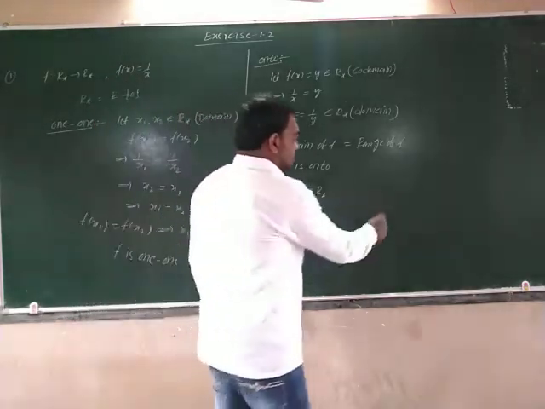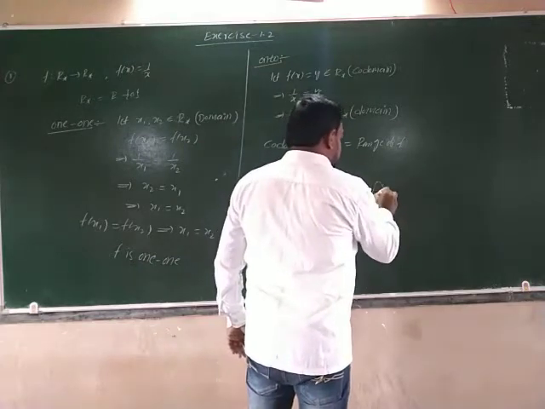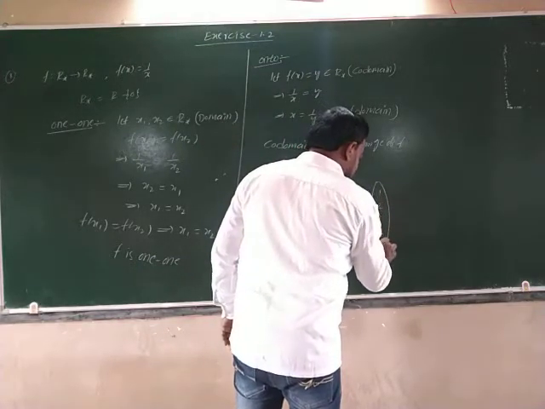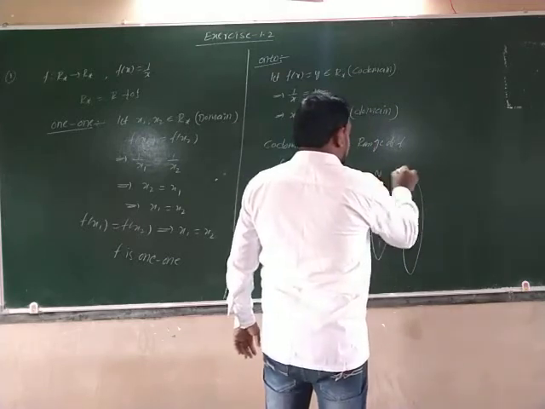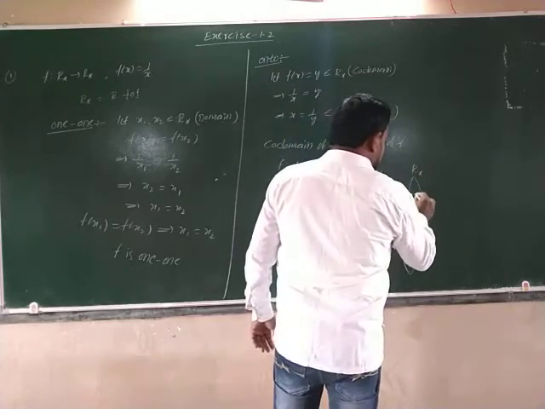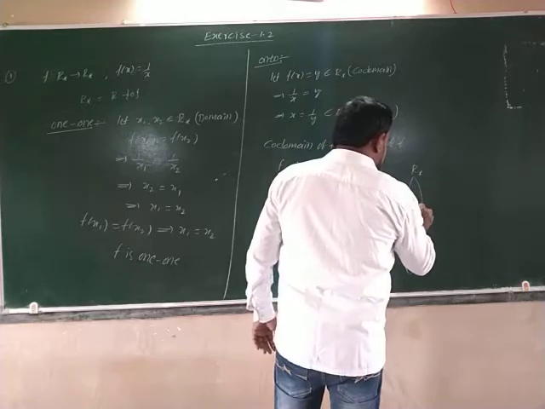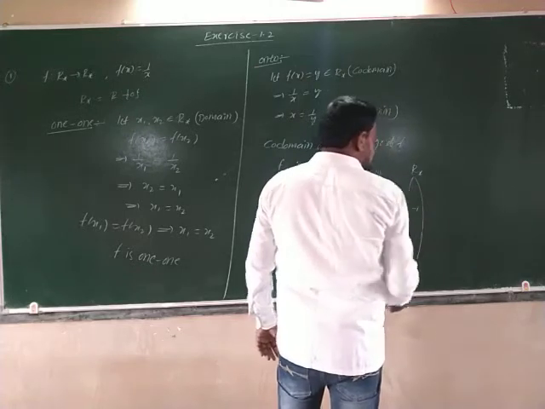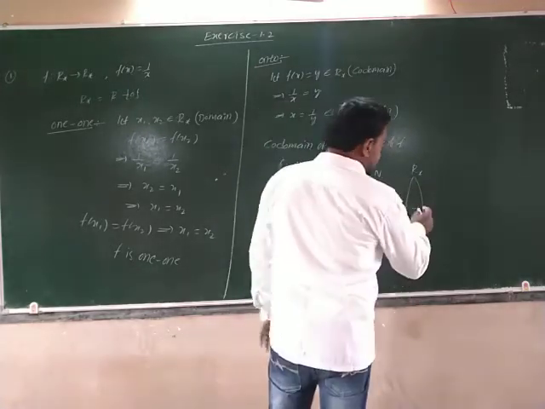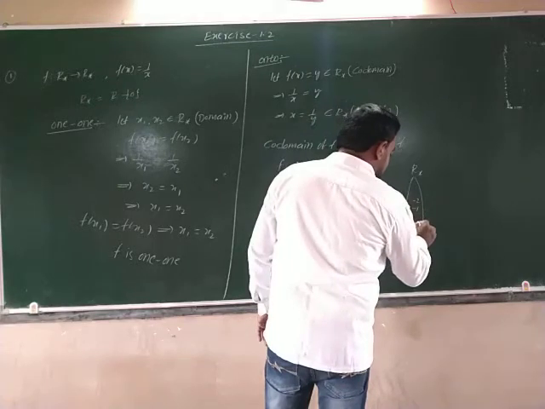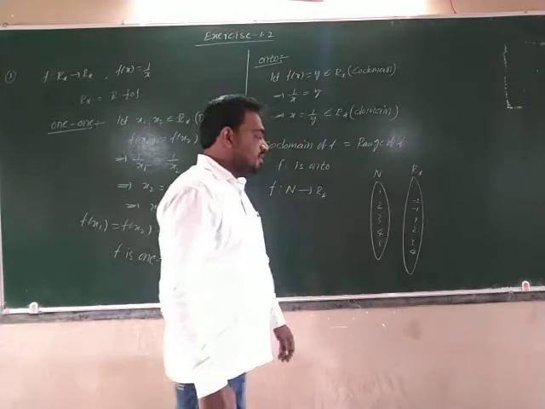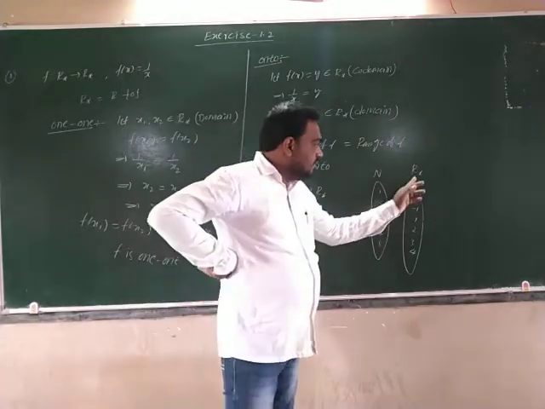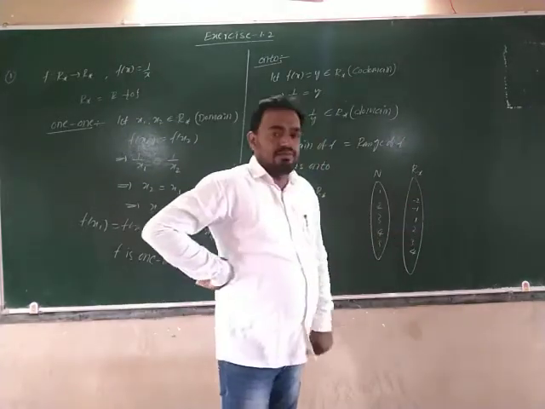See here, N means natural numbers, so only 1, 2, 3, 4, 5, 6 are there. Here this is the N, and this is the R star. In R star we have positives, negatives, fractions, everything. So -2, -1, 2, 3, 4 are there. For example, in R star we have -1.